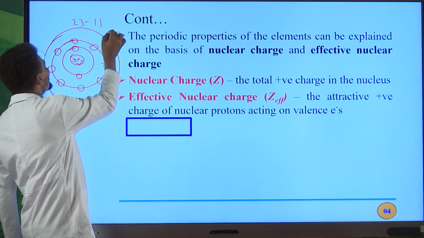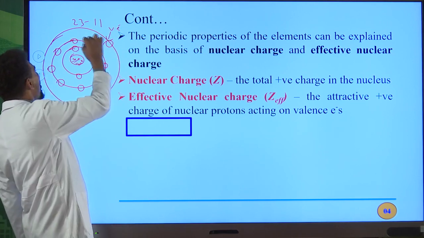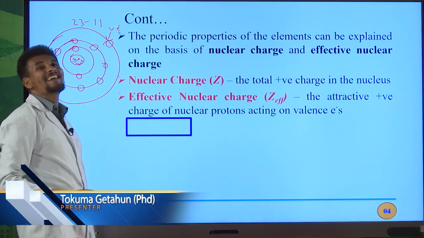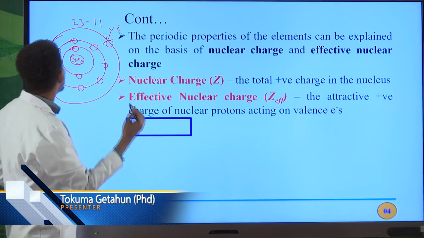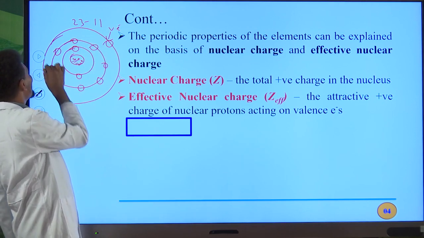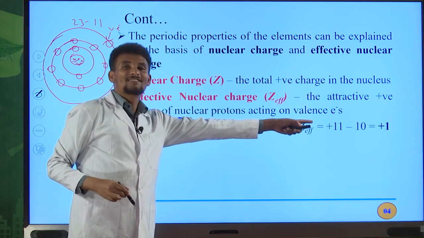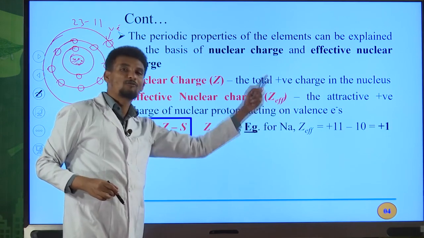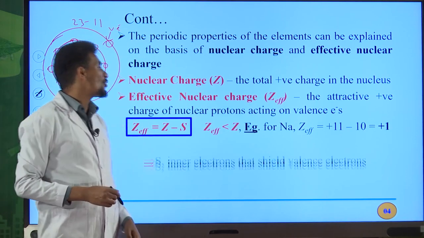So this is the valence electron. And all these are inner electrons. Totally how many inner electrons do we have? 1, 2, 3, 4, 5, 6, 7, 8, 9, 10. Therefore, 11 minus 10 is equal to positive 1. Plus 1 is the effective nuclear charge for the sodium atom.